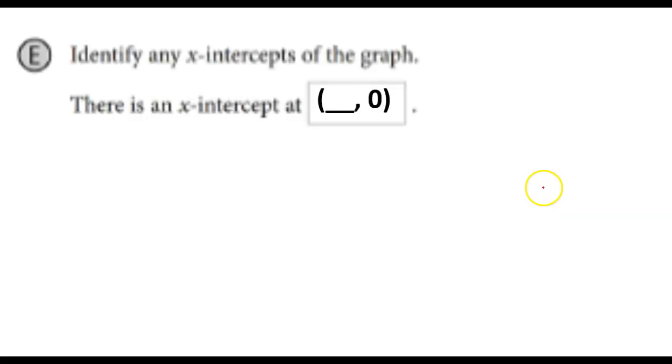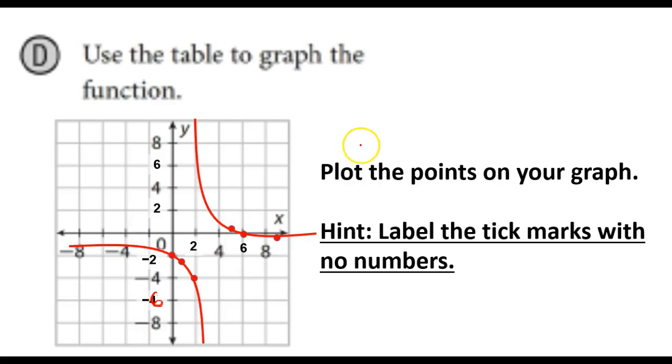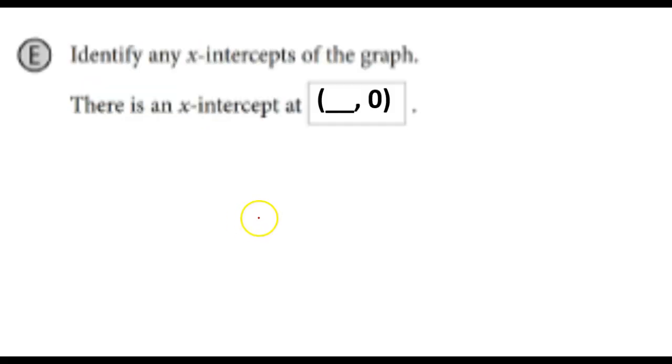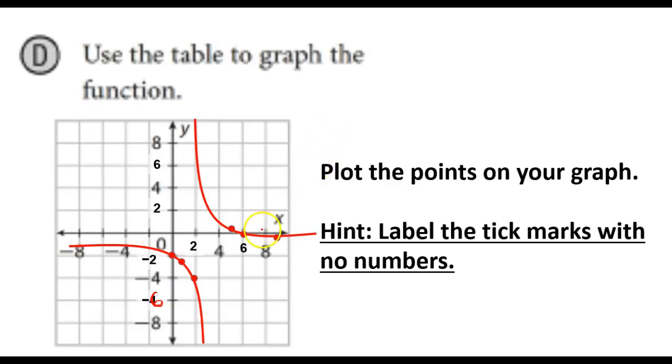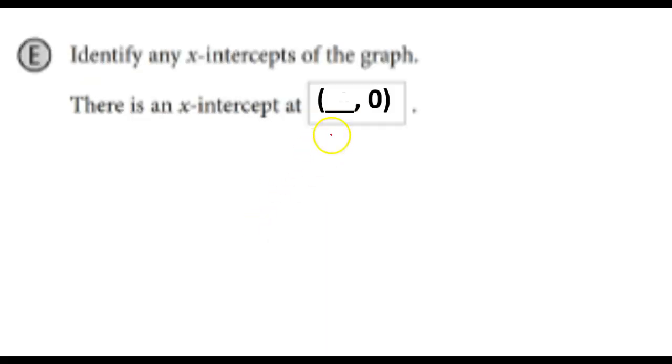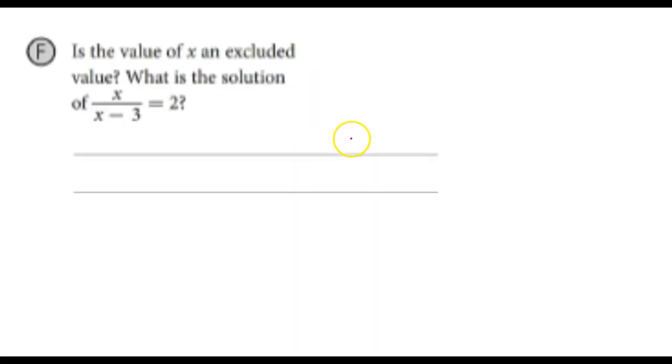And here you'll notice our x-intercept was, oh, sorry about that, it was a 6. So if we go back, we do notice it there. So that was one of the things they asked us to find, was the x-intercept. And they said, is the value of x an excluded value?